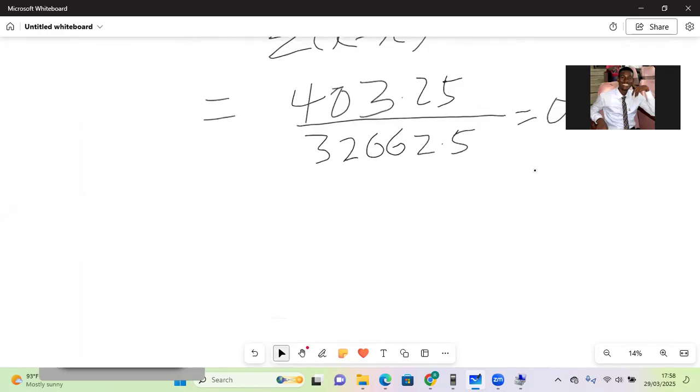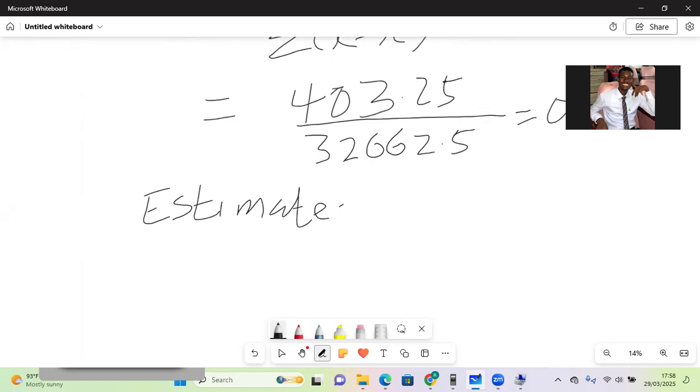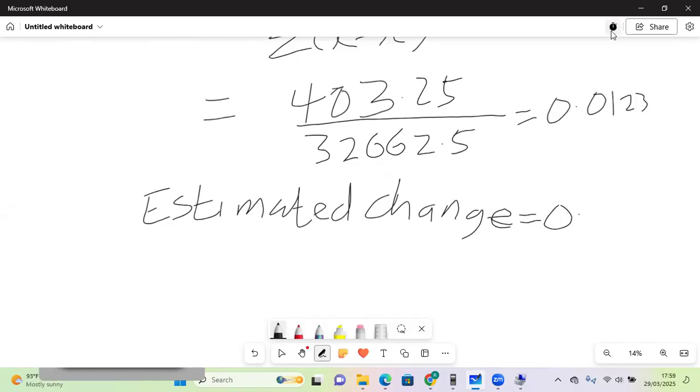So that's going to be the estimated change.